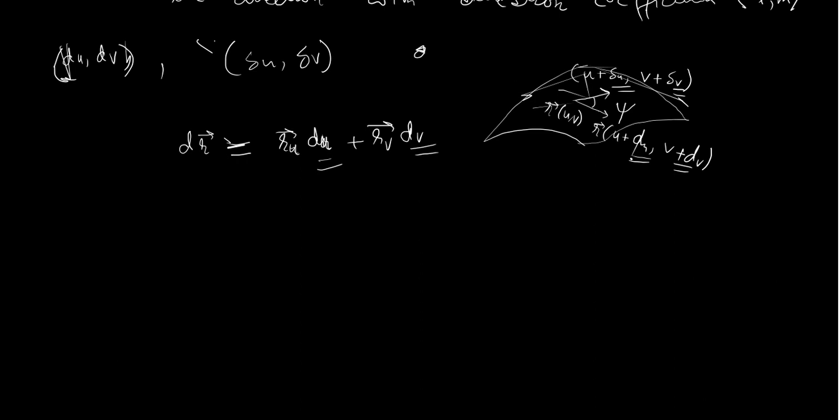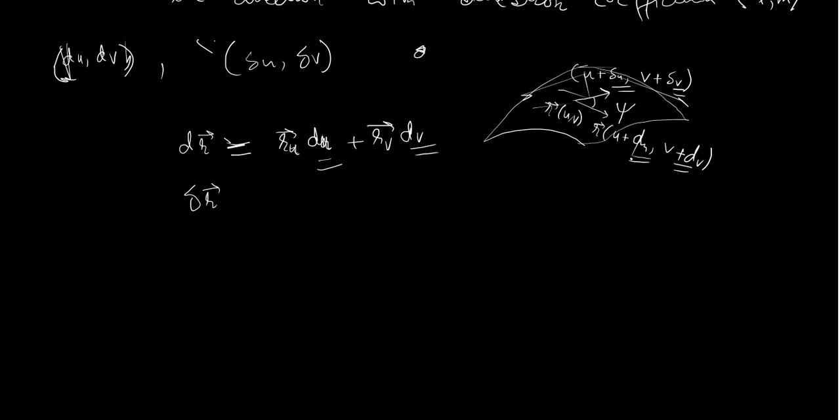Similarly, I can think of this delta r, the vector in the other direction, with my parameters in that direction being delta u, delta v. So it would be r sub u delta u plus r sub v delta v. Now it's very easy. I want to find the angle between these two directions.